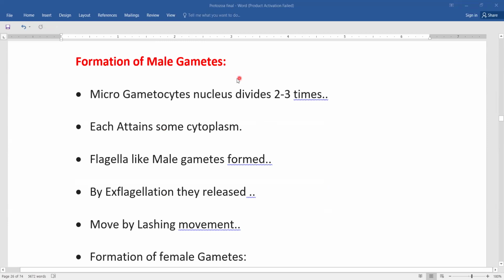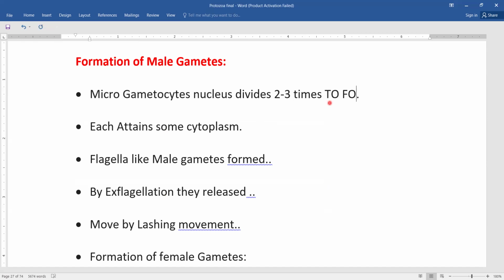Now, formation of male gametes, I have explained. The microgametocyte nucleus divides 2 to 3 times to form 8 to 10 nuclei, or daughter nuclei.